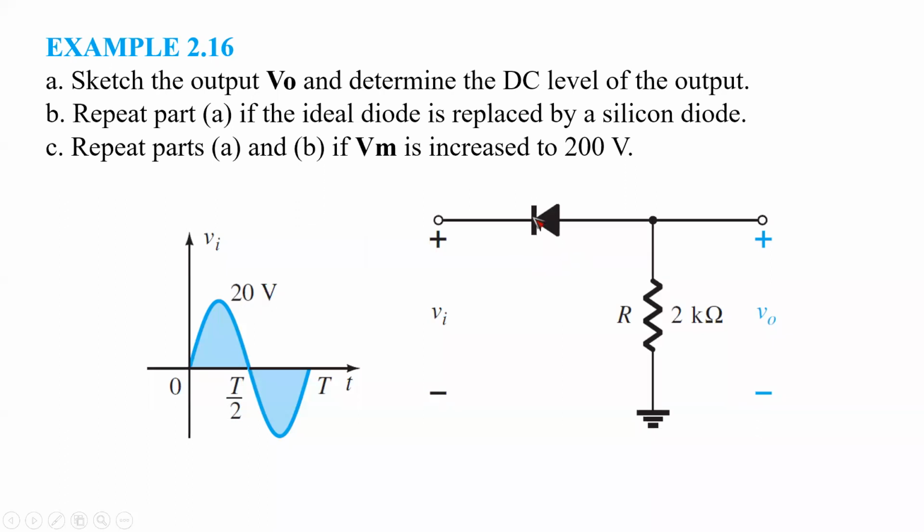That means your diode must work with 20 volt, or your diode must hold 20 volt. But for 200 volt, your PIV should be more than or equal to 200 volt. Because if your diode cannot sustain 200 volt, your output will not be there.